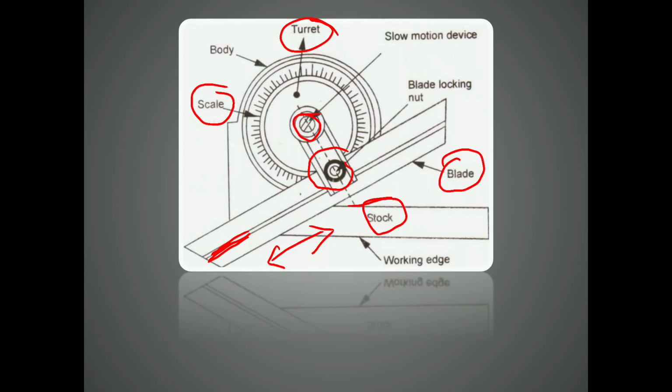So if you tighten this, it will not give you the to and fro motion. If you loosen it, it will slide to and fro as per your requirement. In the practical session, we are going to see how exactly the vernier bevel protractor works. Before that, carefully observe the principal parts.